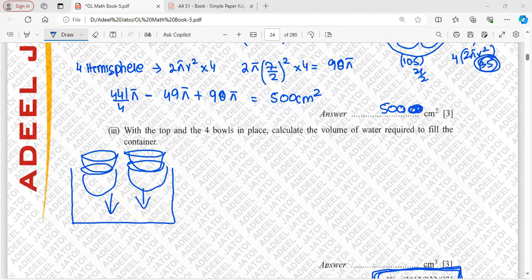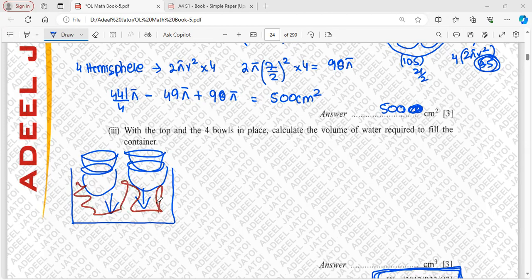Now what will happen is that if the water is filled in, obviously the water will be filled in around the 4 hemispherical bowls. So that means it will not fill in these bowls; it will be around these.